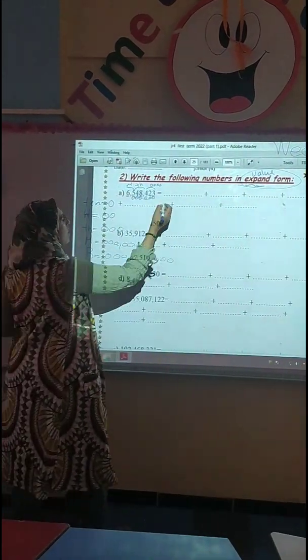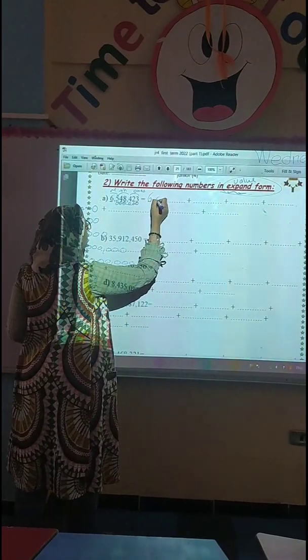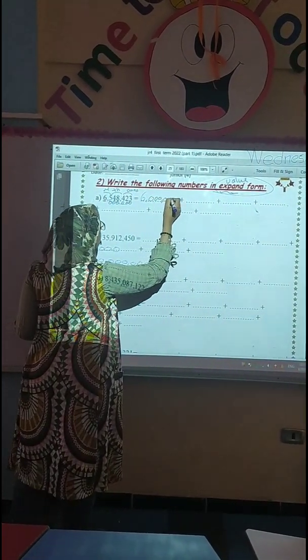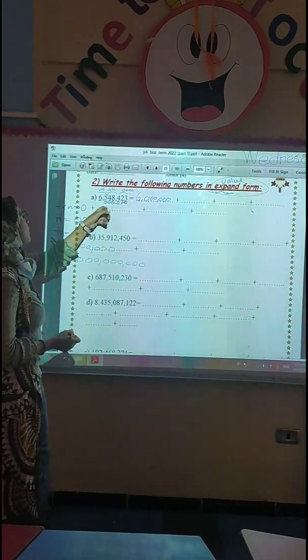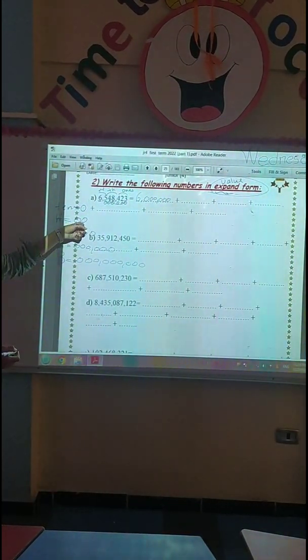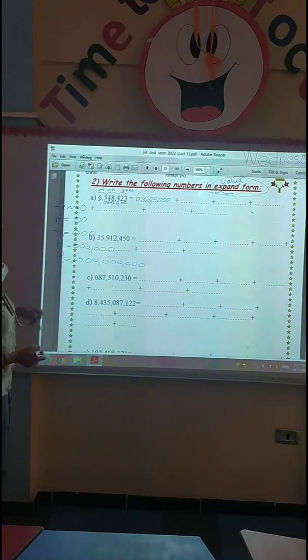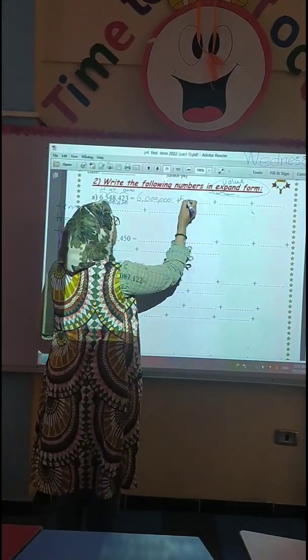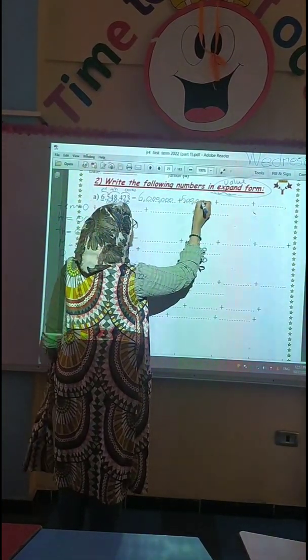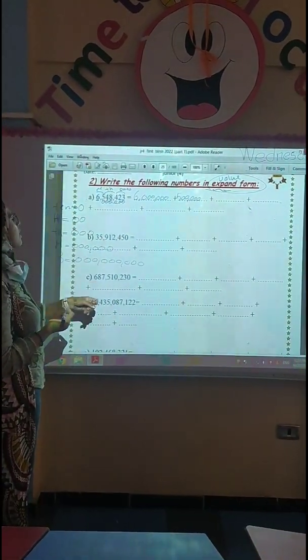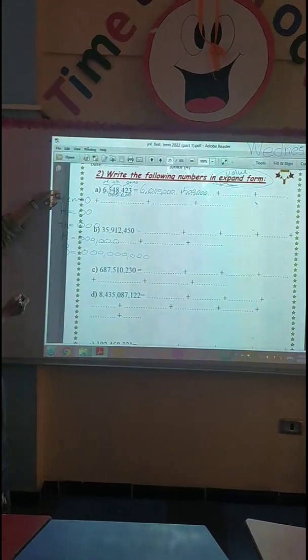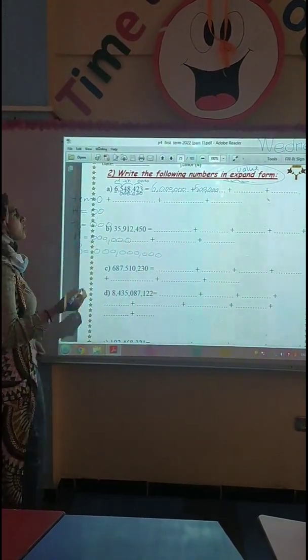6 here, I will write it as its value. 6 comma 3 zeros and 3 zeros. Then 5. 5 in the 100,000. 100 means 2 zeros and 3 zeros for the thousand. So I write here 5, 2 zeros for the hundreds, 3 zeros for the thousands. Then here 4 in the 10,000. So 10 how many zeros? 1 zero and 3 zeros for the thousand.